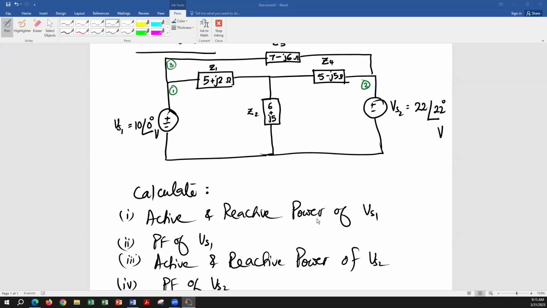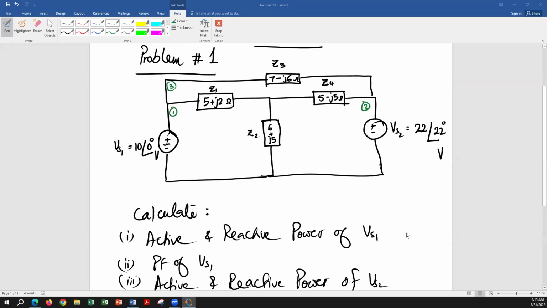Okay. All right, guys. So who is going to help me out now to decide how you're going to approach this problem? You know what we need to find, and to find all these quantities, first you have to decide what you need, and then how you are going to get those quantities.